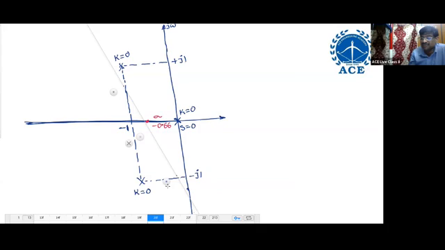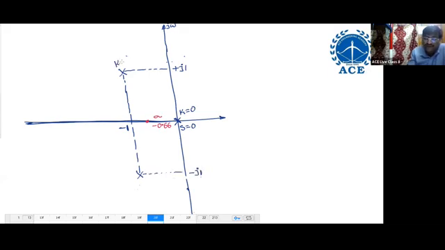Draw the angle of asymptotes. I'll reduce this length. Here K equal to 0. Now draw it.